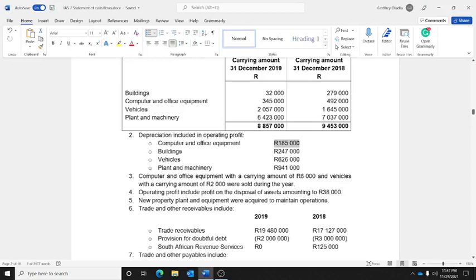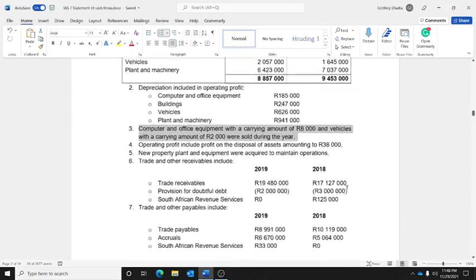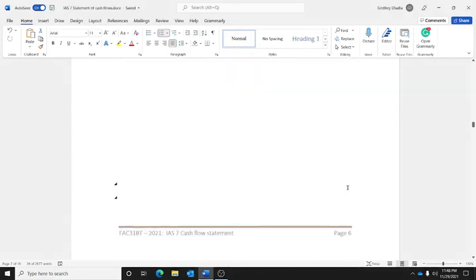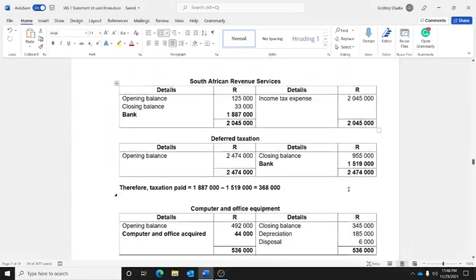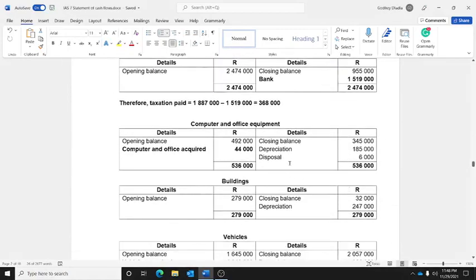Right. And then we read this note here. It says computer equipment, this one here, with a carrying amount of 6 and vehicles of 2, meaning 8,000, has been sold. It must go on the credit side. It must be removed in the books. Okay, the 8,000 on the credit side. Here we go.